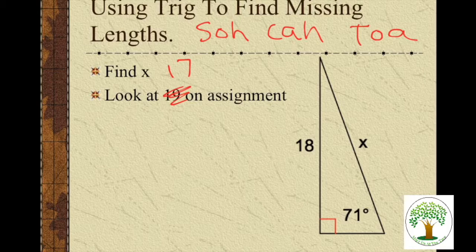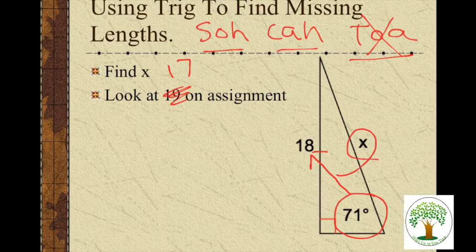We're trying to find the hypotenuse. If we're trying to find the hypotenuse, we can only use sine or cosine because tangent doesn't have a hypotenuse. We have an angle here, and we know the opposite and we're looking for the hypotenuse. So we have to do opposite and hypotenuse.